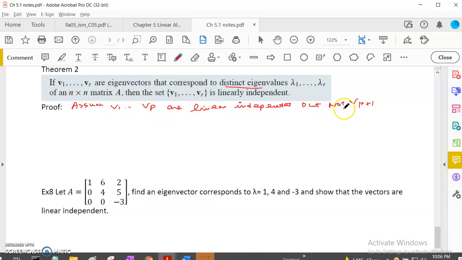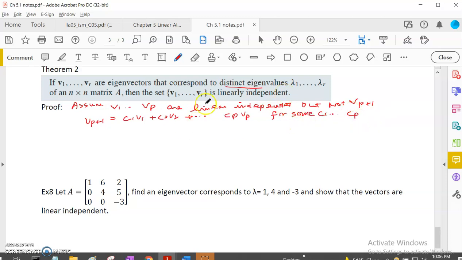We're assuming that Vp plus 1 is not independent, and it depends on V1 to Vp. So I can say Vp plus 1 is equal to C1 V1 plus C2 V2 all the way to Cp Vp, for some C1 to Cp.